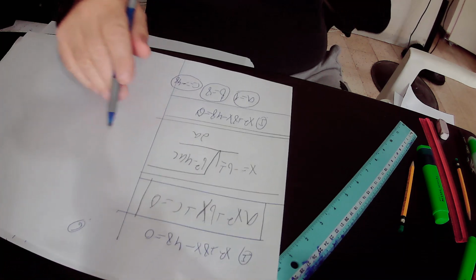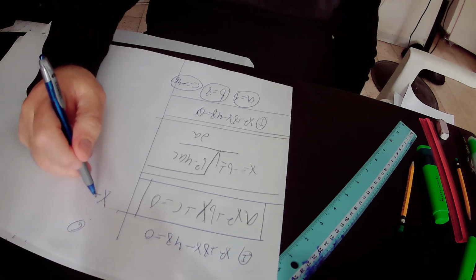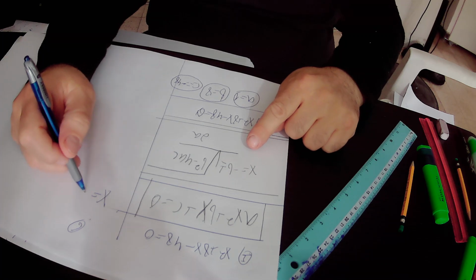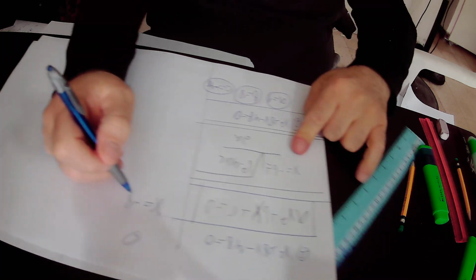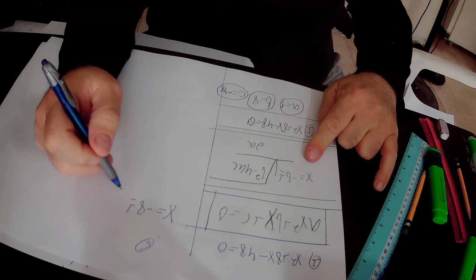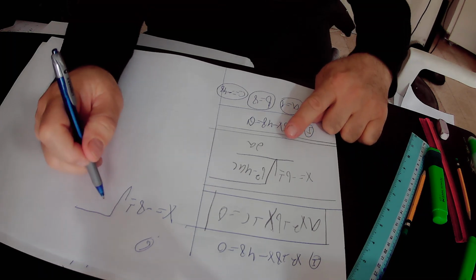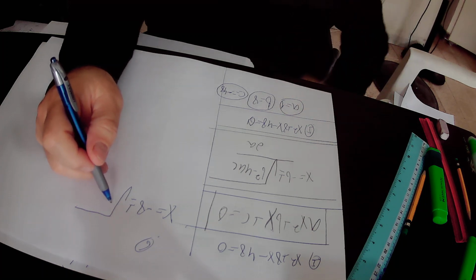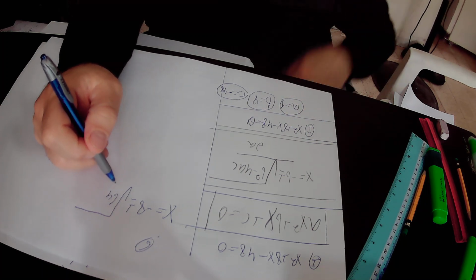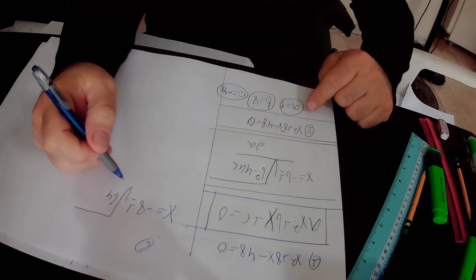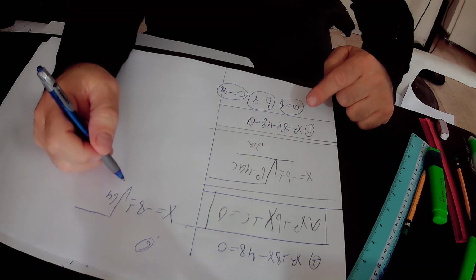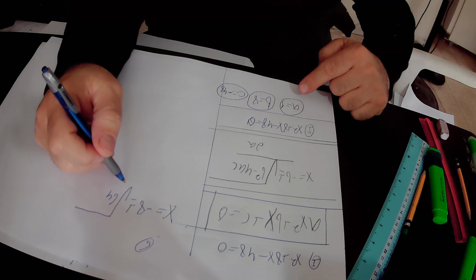We do it now, and we get that x equals minus b. B is 8, therefore minus b is minus 8, plus minus the square root of b squared. B is 8, therefore b squared is 8 squared, that is 64, minus 4 times a. A is 1, so minus 4 times 1 is minus 4, times c.